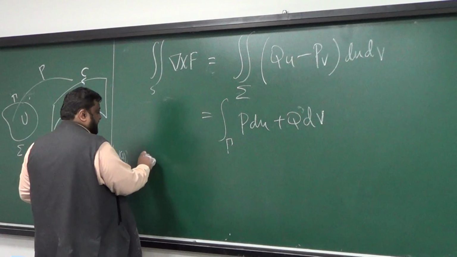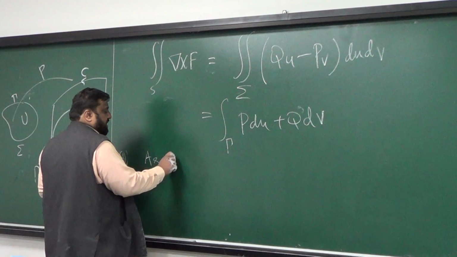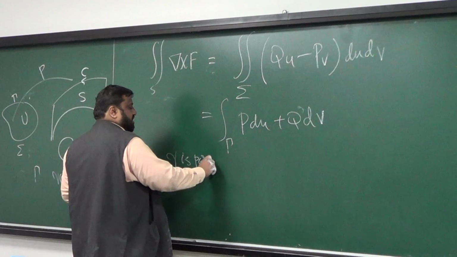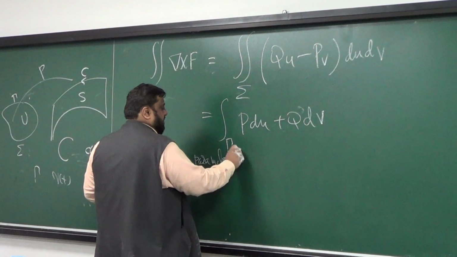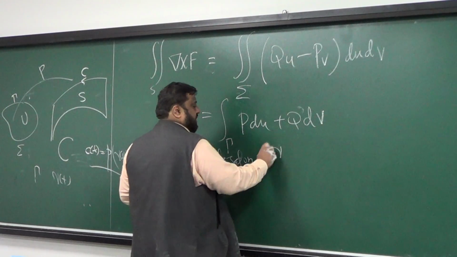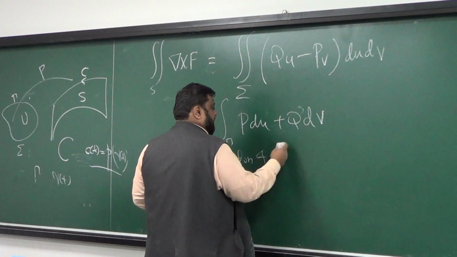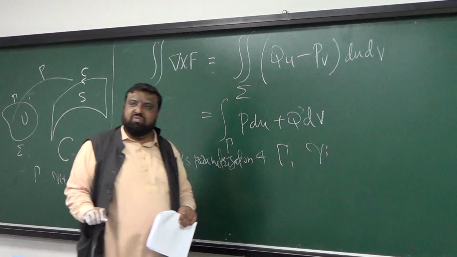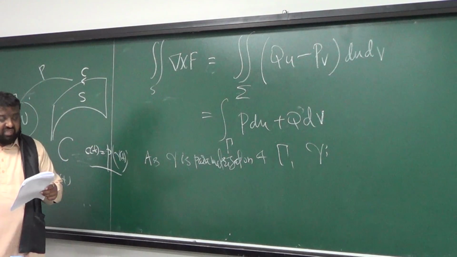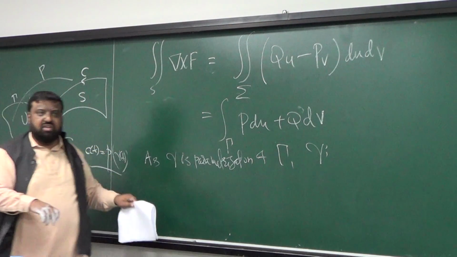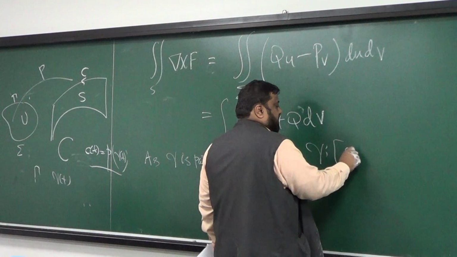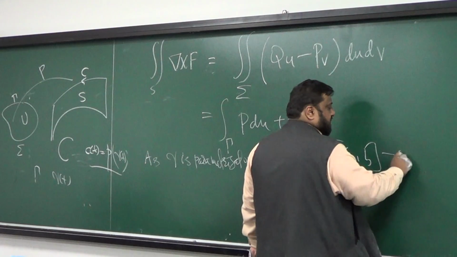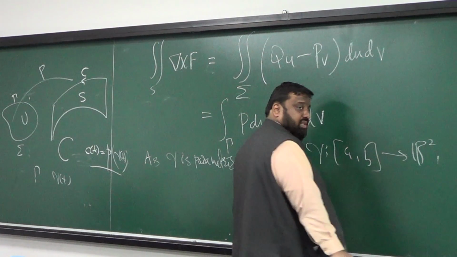As we have assumed, gamma is a parameterization. First of all, gamma will be mapped from some interval A to B into R2.